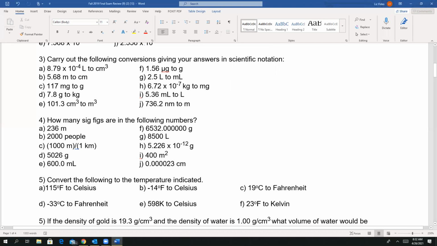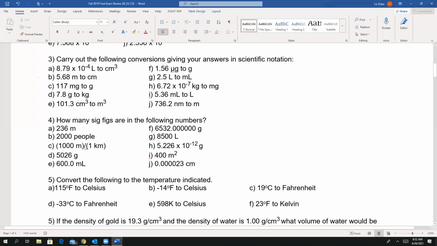Okay, so I've done A. This mouse is not coming on for some reason. I have lost my mouse. Nope, it's not letting me do it. Okay, never mind.